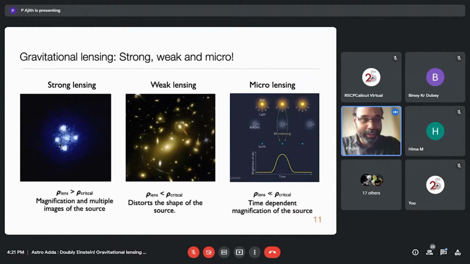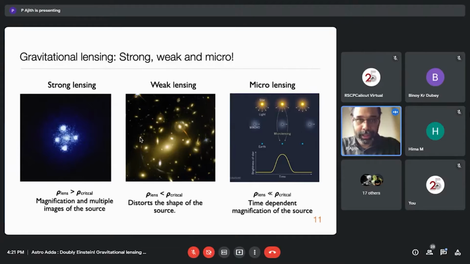But anyway, you can see that these are four images of a distant quasar, and basically there is only one object, and because of an intervening galaxy that comes in between us and this distant quasar, it forms four images of the same object. So this is an example of what is called gravitational strong lensing, which not only magnifies an image but also produces multiple images of the same object.